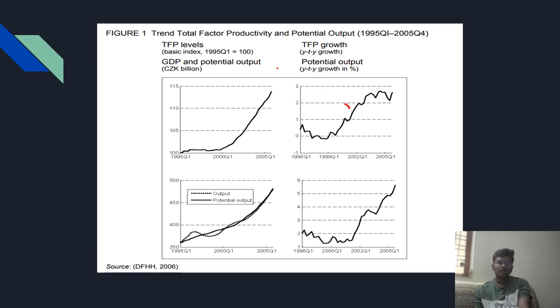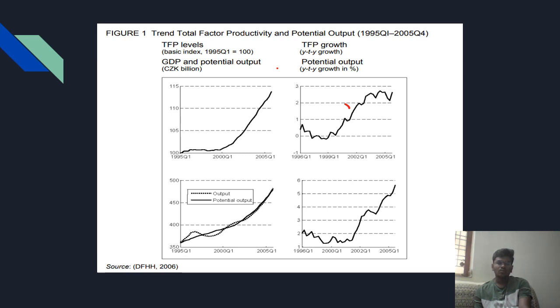In the first quadrant we can see the TFP levels have been increasing from 1995 to 2005, and the drastic change comes from 2000 to 2005, where it has increased a lot.